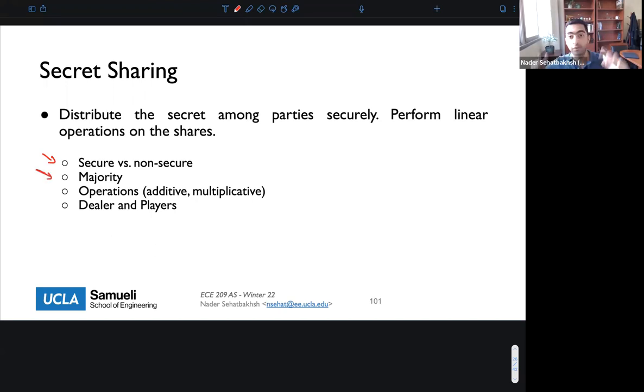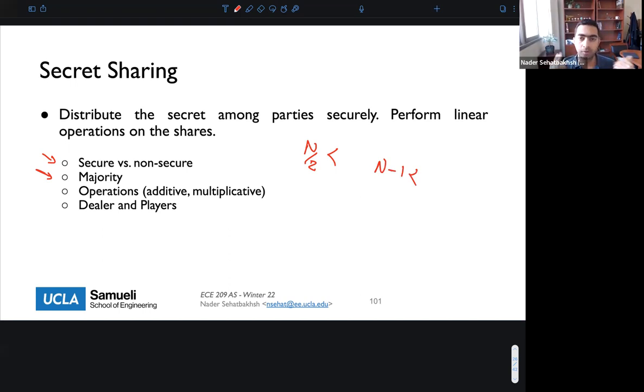For all of these secure secret sharings, there's again some notion of how much of a majority is needed and how secure the system is. Some of them are secure if the number of malicious users is smaller than half of the players. In other cases, if it's less than n-1, the system will work.